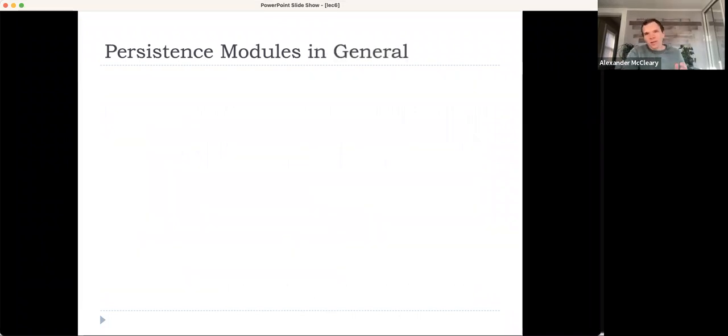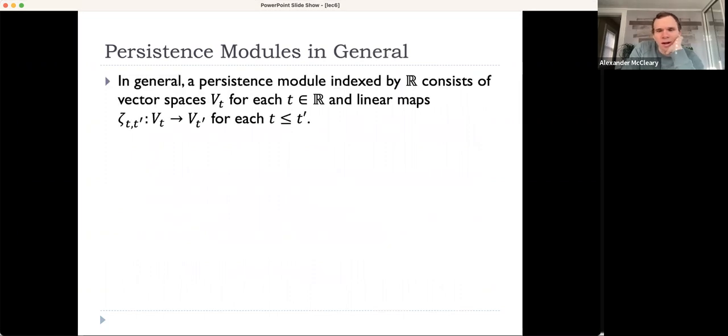But yeah, so on the last slide, we started with a filtration and got a persistence module, but we can actually shortcut that process. We don't need to start with the filtration at all. We can just define a persistence module in a vacuum. For us, persistence modules are usually going to be indexed by the reals.